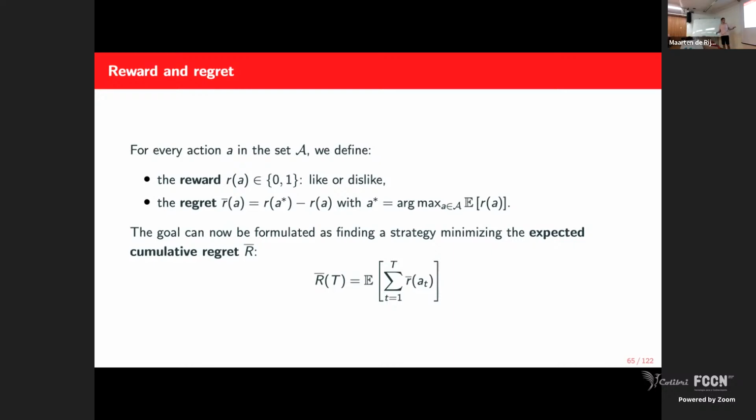So our goal is to make it 0, because we want to find the optimal action. And actually, we don't just want to do it in the end, after a billion interactions with a user, we want to do it as quickly as possible. So the objective is actually the expected cumulative regret, because we will sum at each time step the regrets that we get.